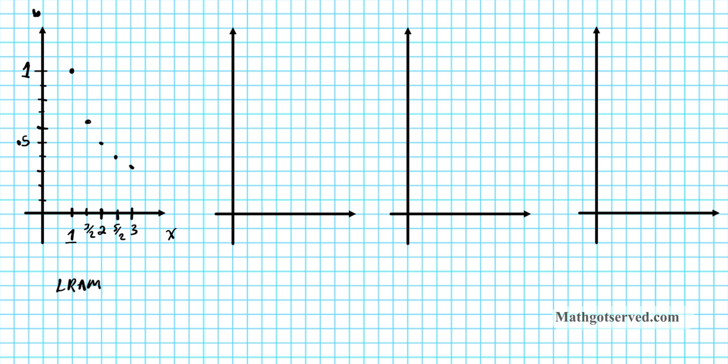All right, so those are the points that define the graph of our rational function. So let's go ahead and sketch the graph. I'm going to connect the dots the best as I can. This is just a sketch, so it's not going to be perfect.